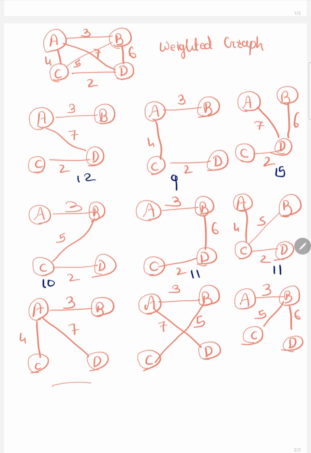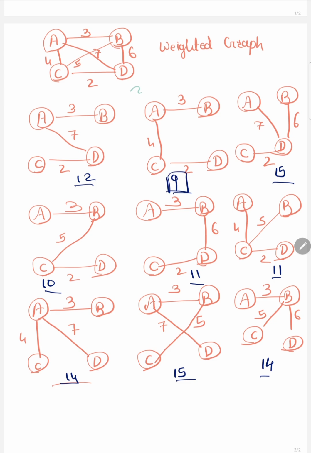For this it's 7, 3, 10, 14. This is 12 plus 3, 15. And this one is 11, 3, 14. So as you can see, the costs are 12, 9, 15, 10, 11, 11, 14, 15 and 14. The minimum number is this 9.